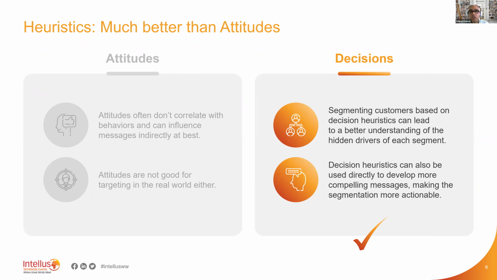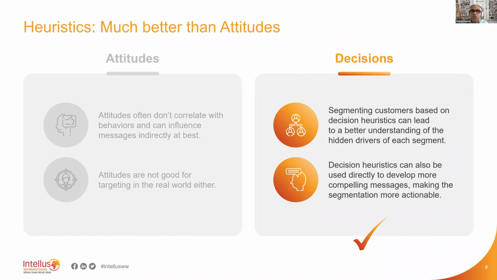Historically, all of us have been augmenting behavioral segmentation with attitudinal or psychographic information. We're proposing that you consider augmenting your segmentation with decision heuristics information, which is a lot more actionable, because attitudes don't correlate with behaviors. How many times have you seen an attitudinal segmentation where each of the segments has a similar prescribing behavior pattern?